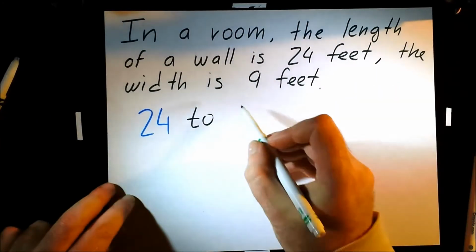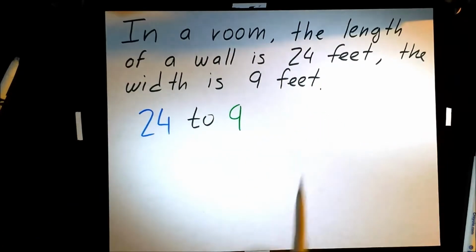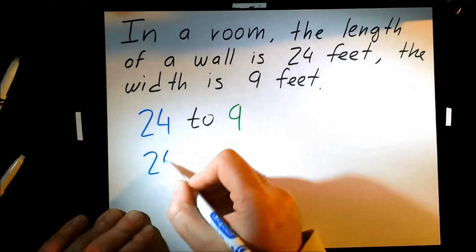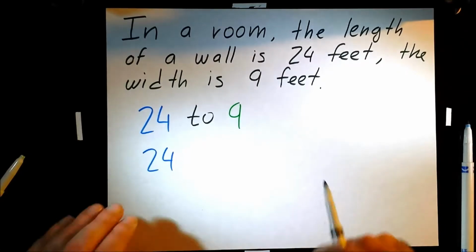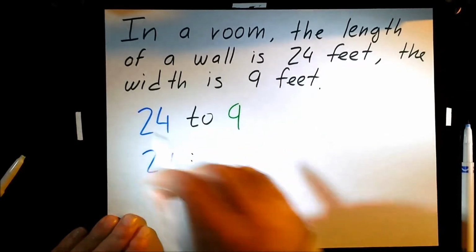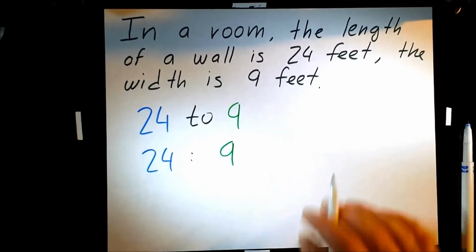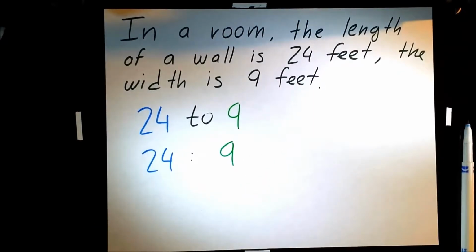The second way is I can use a colon between the two. So I can say 24:9. And the third way I can write this is using the division line, or the fractional form.